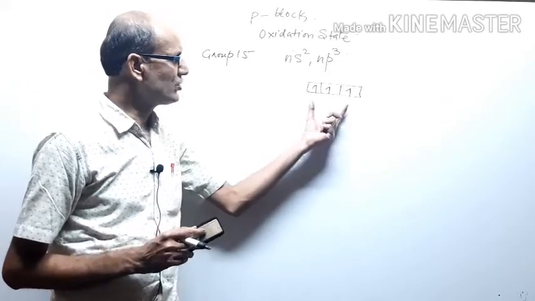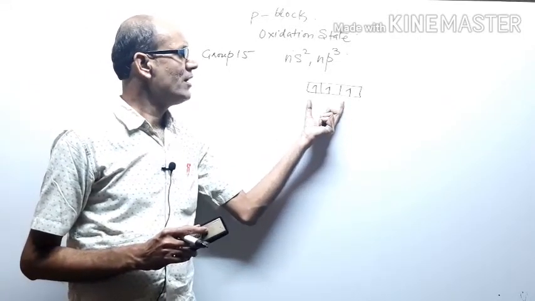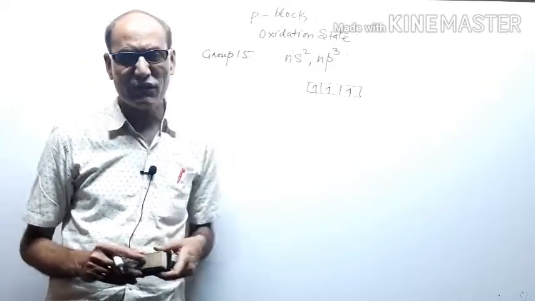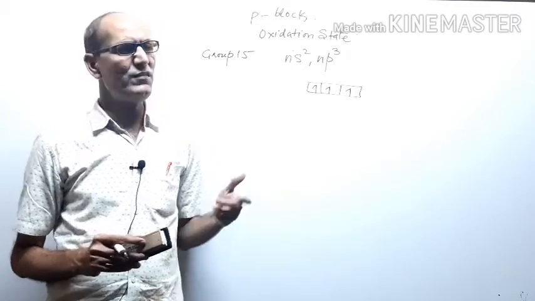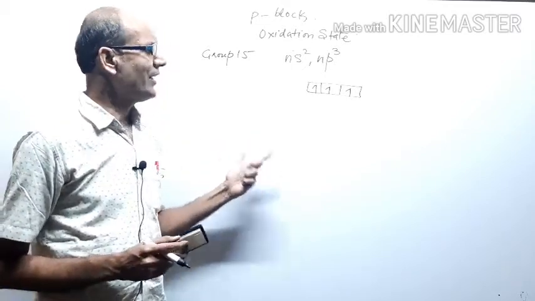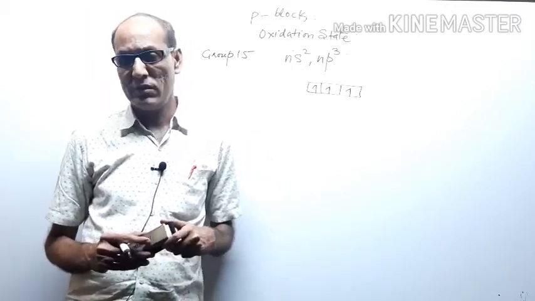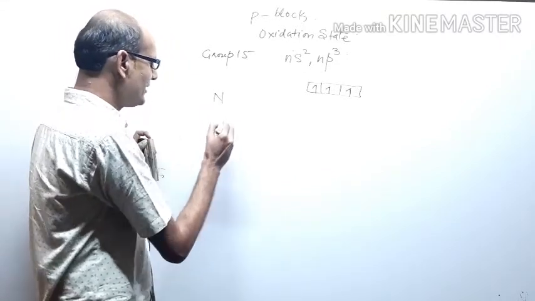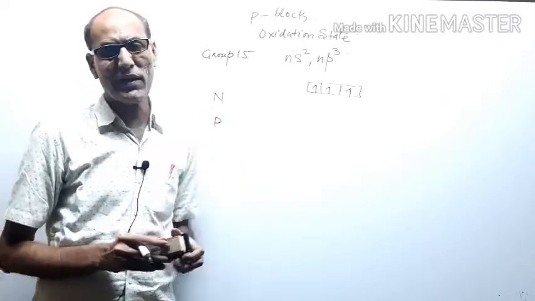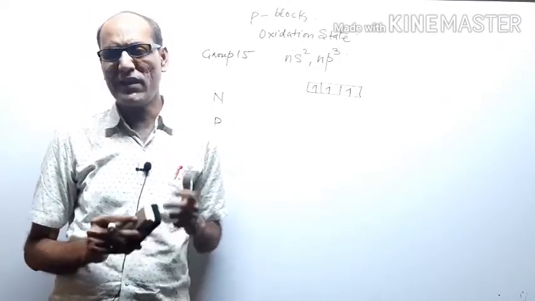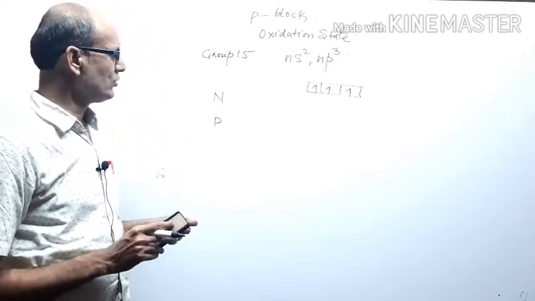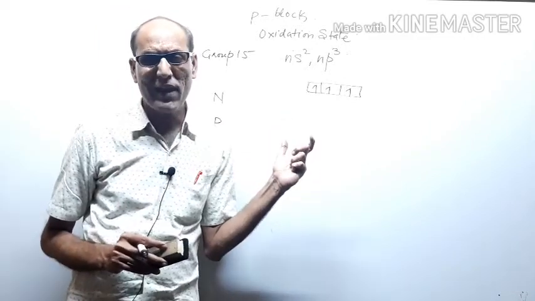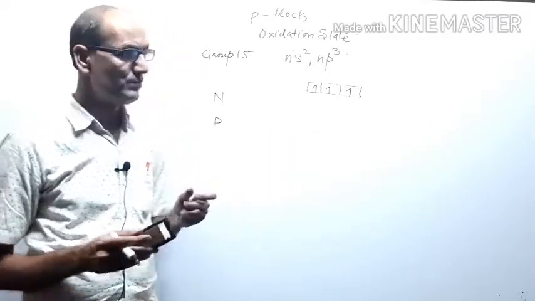As we know, there are 3 electrons in the p subshell, and it requires 3 more electrons to complete the noble gas configuration. The elements which have high electronegativity and are smaller in size, like nitrogen and phosphorus, can show the formation of a triple negative ion by gaining 3 electrons.